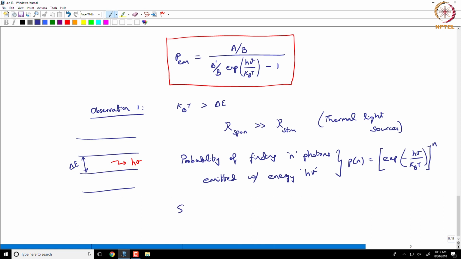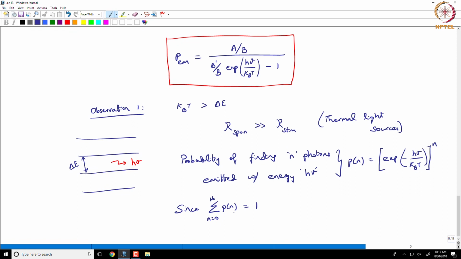However, when you sum all these probabilities, the probability of emitting 1 photon, 2 photons, 3 photons and all of that, if you sum for n equal to 0 to infinity, that has got to be equal to 1, right.